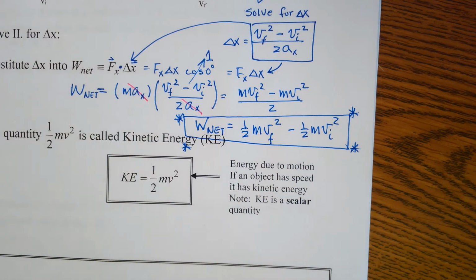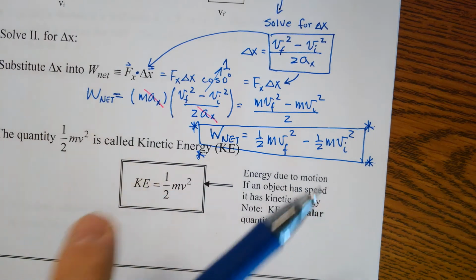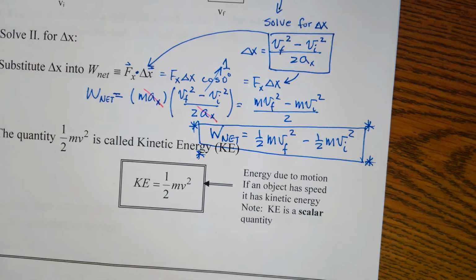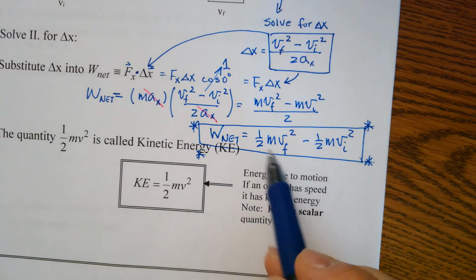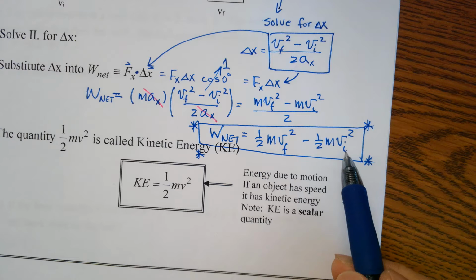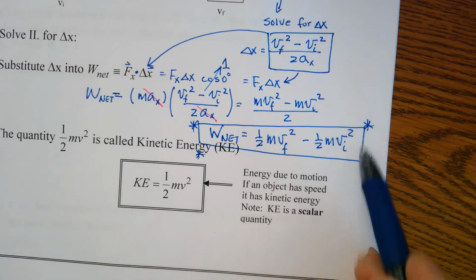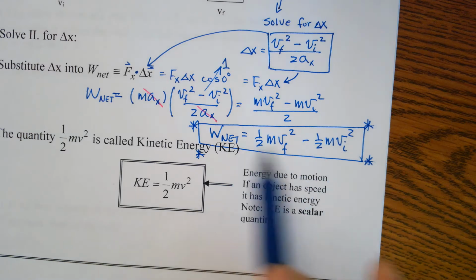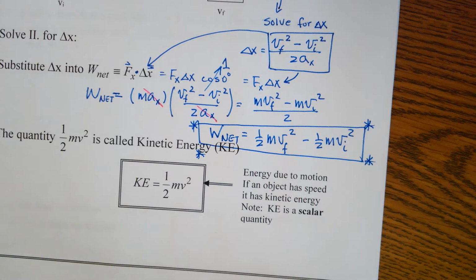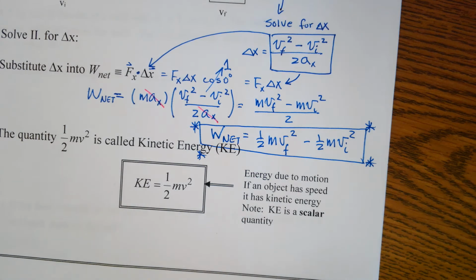When your v squared becomes positive, then positive times positive times positive will always be a positive value. However, change in kinetic energy can be negative, because you have final kinetic energy minus the initial kinetic energy. The change in kinetic energy can be negative, but kinetic energy by itself can never be negative.